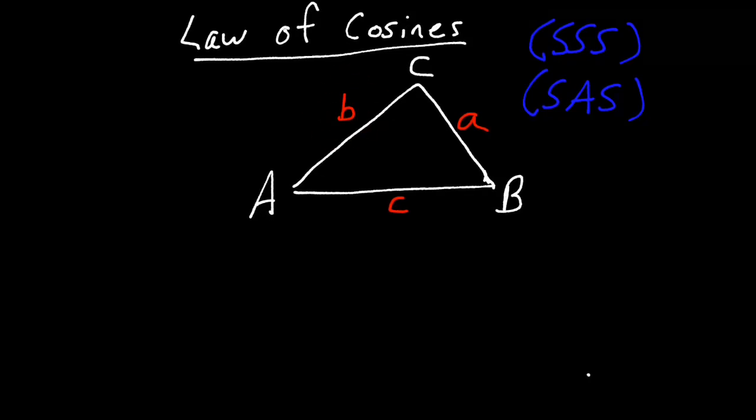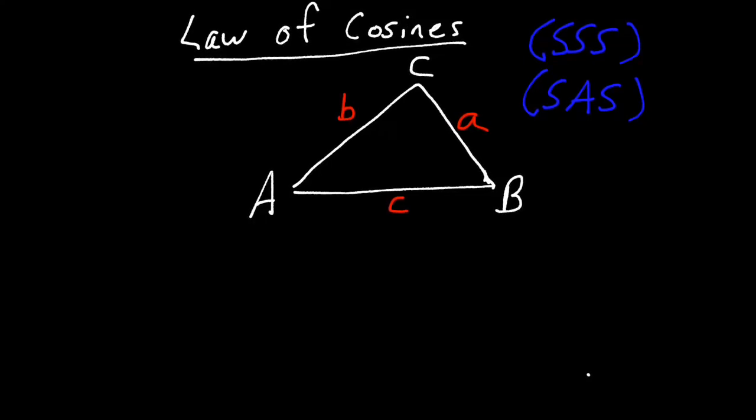So if I know side B, side A, and angle C, I can do law of cosines. Same thing if I know side B, side C, and angle A. And if I know side A and side C and angle B, I can use the law of cosines. So these are the two cases when we will be doing law of cosines work. We're going to see these cases in the examples we do today.